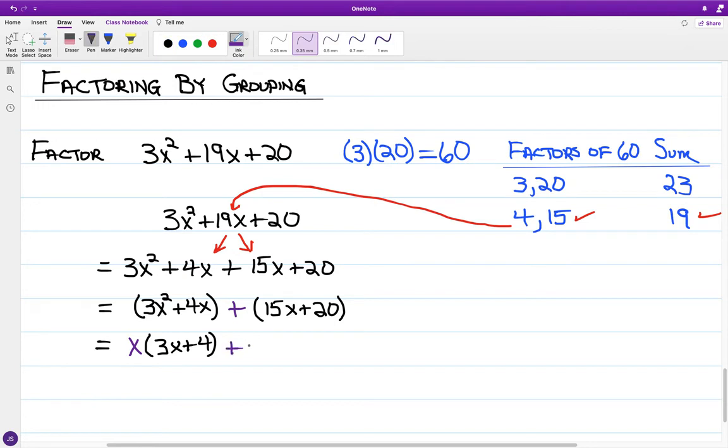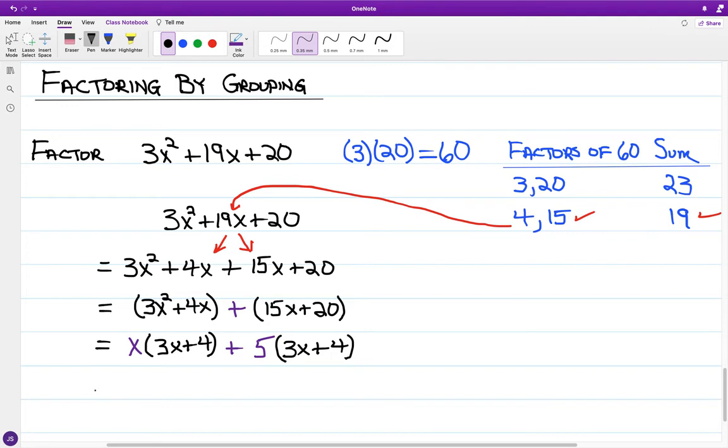And bringing down the addition. Now for the greatest common factor of 15x and 20, the highest term that will go into both is a number, and that is 5. And 5 will go into 15x plus 20, also 3x plus 4 times.